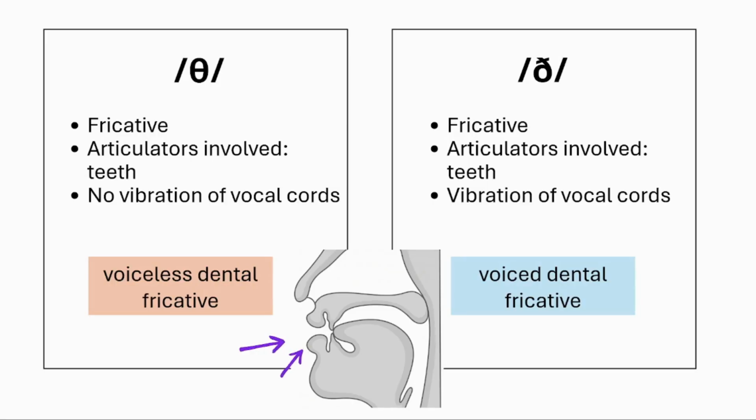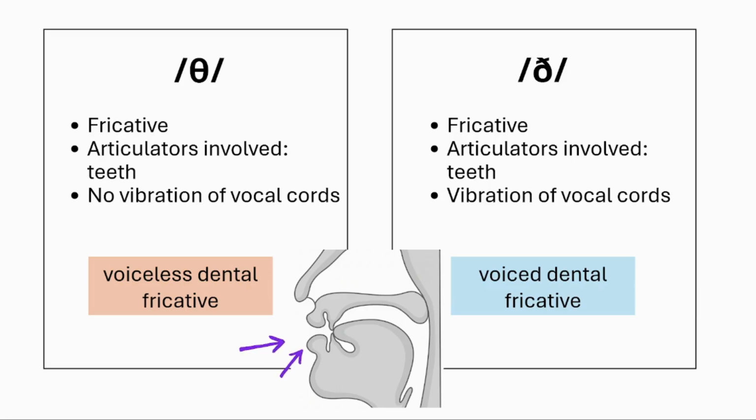In the articulation of the next pair of fricative sounds, the organs involved are the teeth. So that is why they are called dental fricative sounds. In the first case, the first sound in the word think or thing, there is no vibration of the vocal cords.